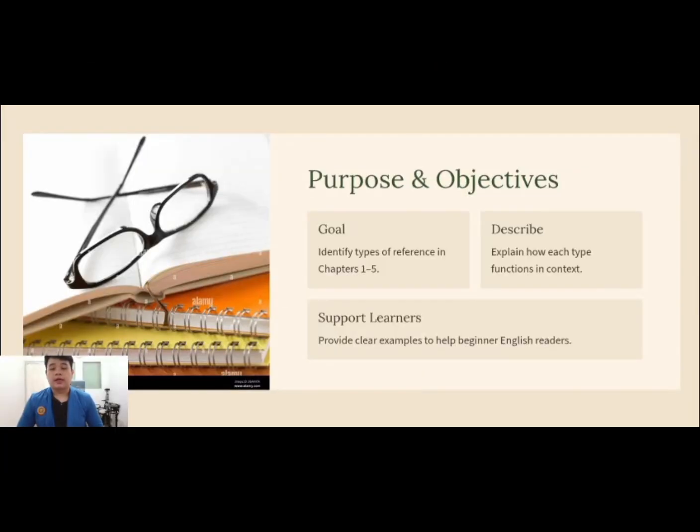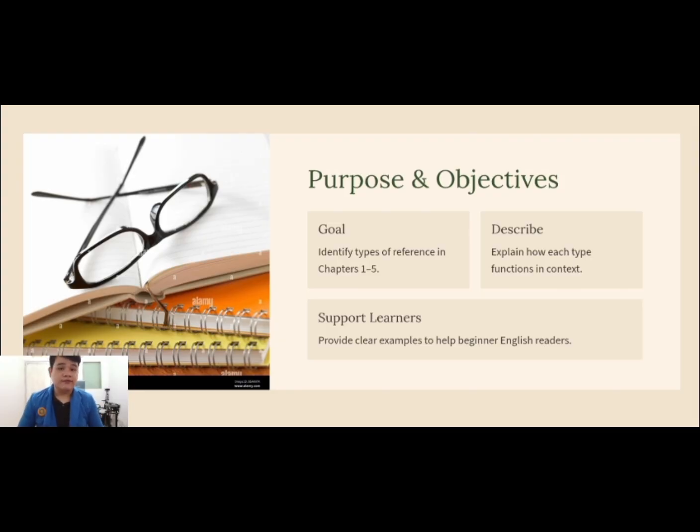Okay, so right now we are diving into reference in The Killing Floor, specifically focusing on chapters 1 through 5. Before we get into the details, let's look at our main purpose and objectives for these slides. There are 3 key goals.